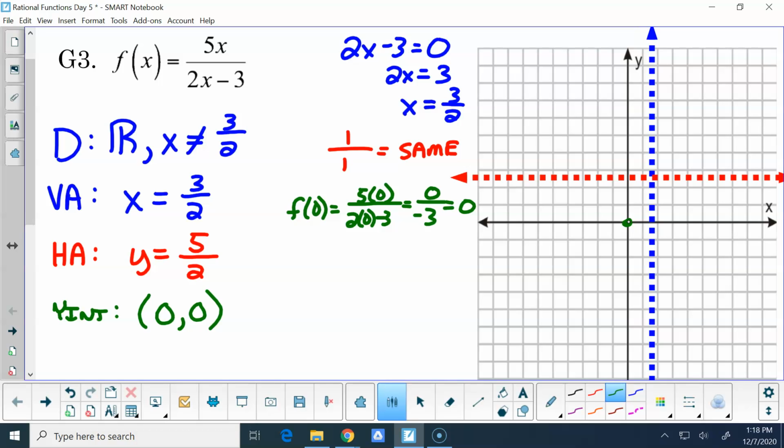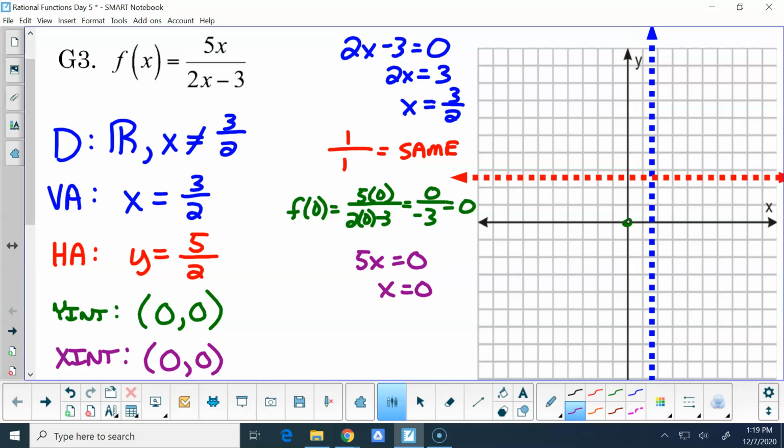Step number 4 on our list of things to do. How am I going to find the x-intercept? Set the numerator equal to 0. So the numerator is 5x. If I set that equal to 0, I get x equals 0, and I get an x-intercept of 0, comma 0, which is the origin. Agree so far? Okay. Step number 5, we don't have yet.